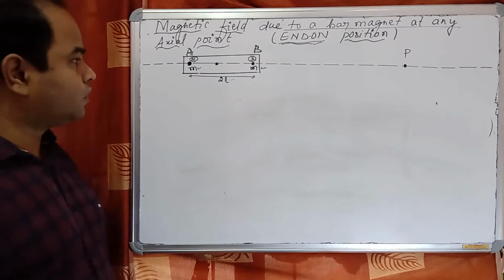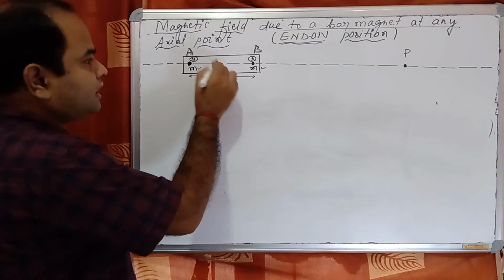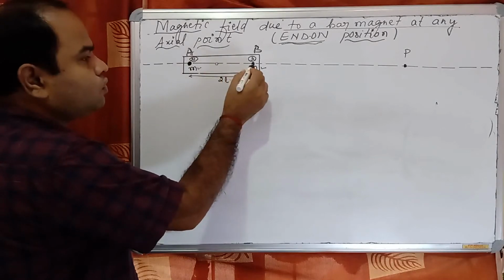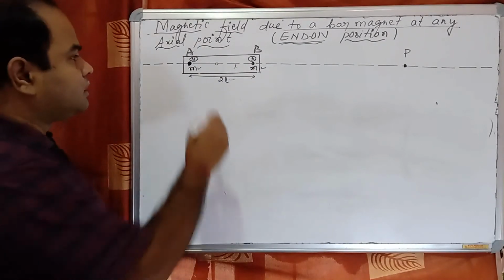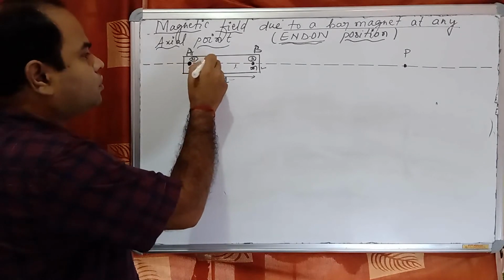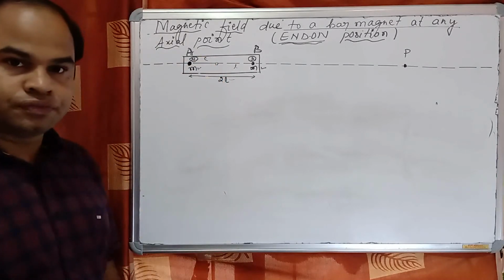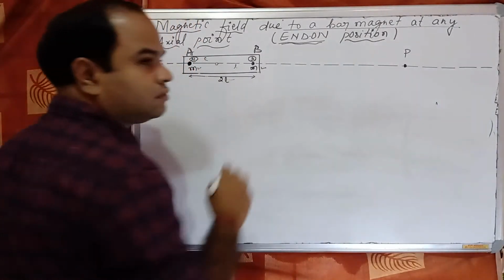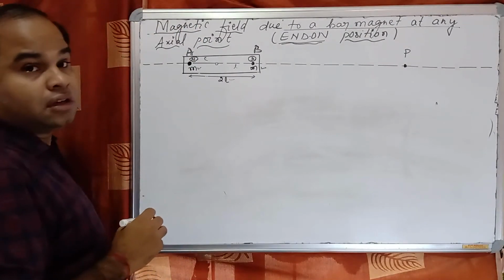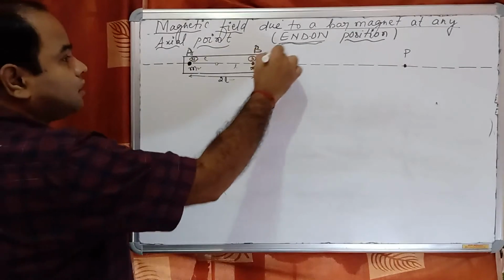So if this is the center, the center to south pole distance is L, and the center to north pole distance is also L. Okay. So let us say this is the axial line of this bar magnet.